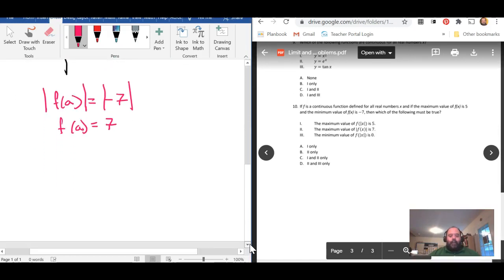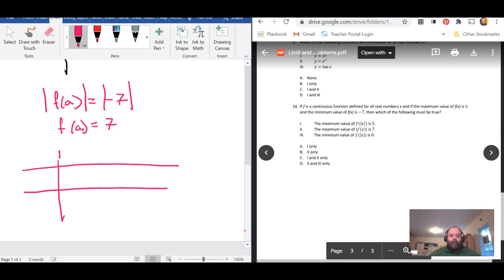The minimum value of this thing has to be 0. Well, do we buy that? Well, I don't think so. Because that first graph, actually, I'll draw it again. That first graph where I had, this is the y-axis, this is the x-axis, right? So this is y, this is x.